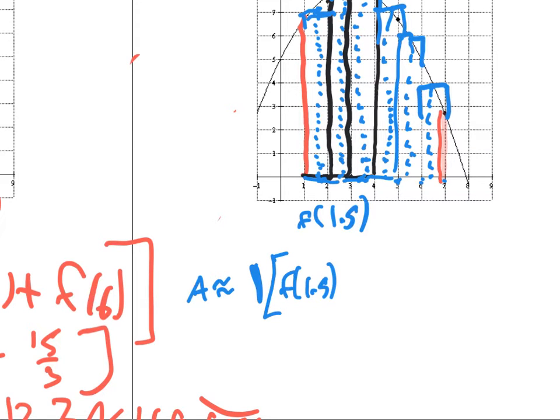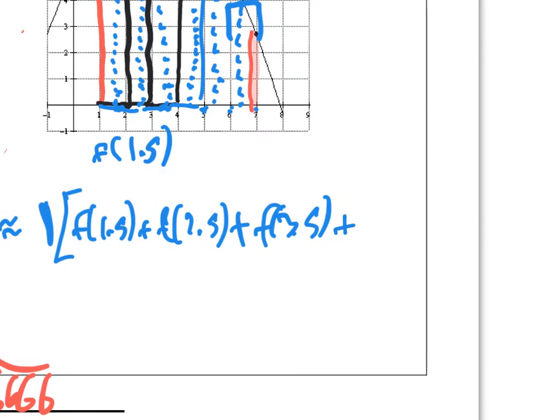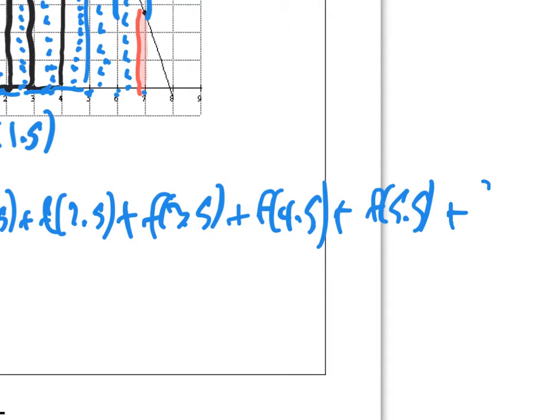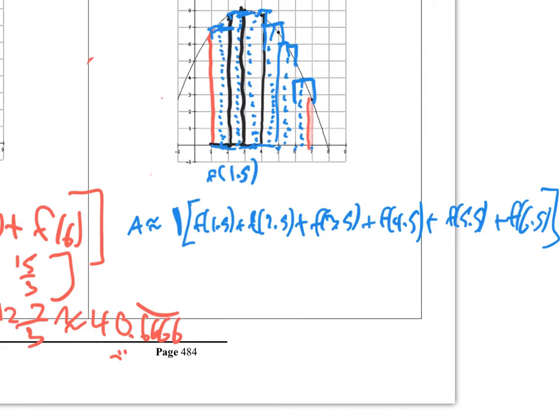The next, f of 2.5 plus f of 3.5 plus f of 4.5 plus f of 5.5, and the last one, f of 6.5.